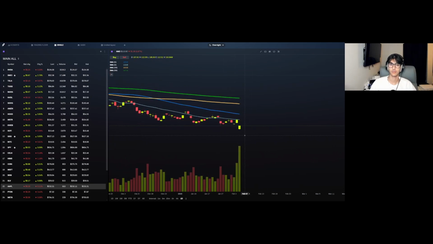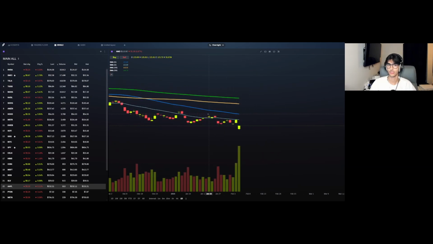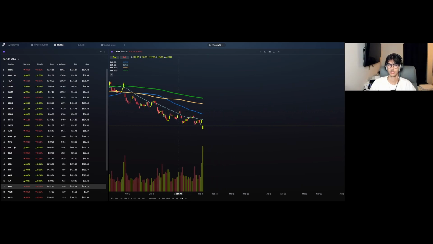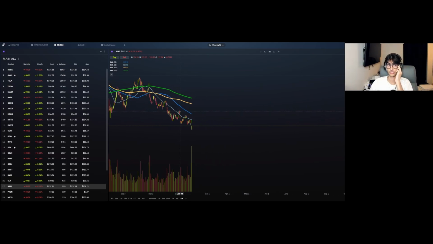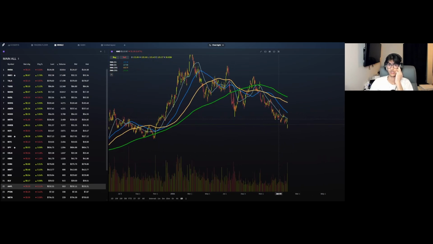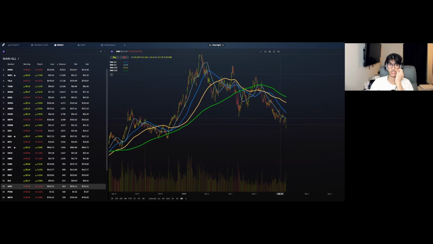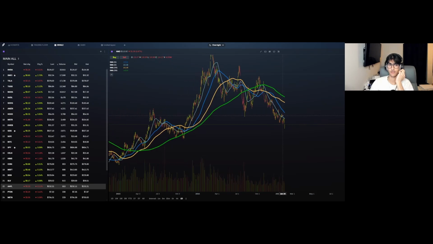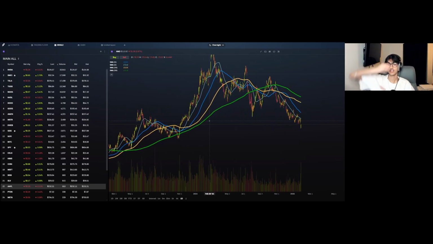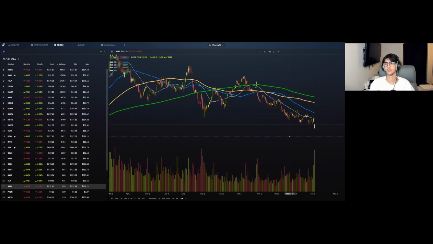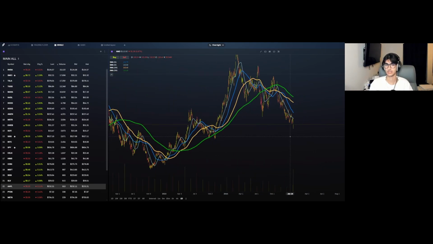I believe I took like 130 calls, right here on this juice up, because I thought we should have support here. No. The fact that we're below every major moving average is beyond scary. I think we see double digits soon. I'm not exaggerating.